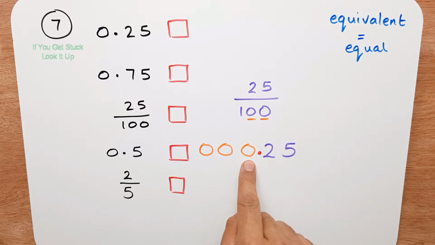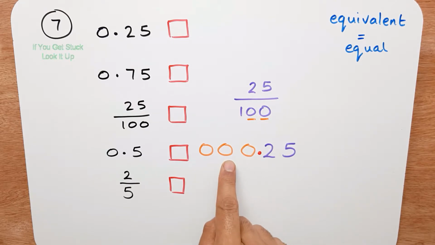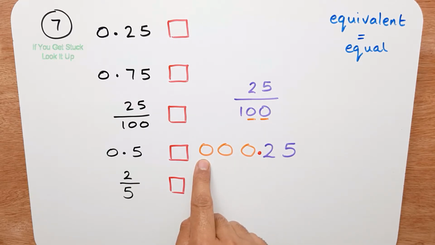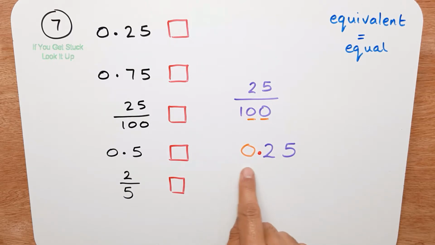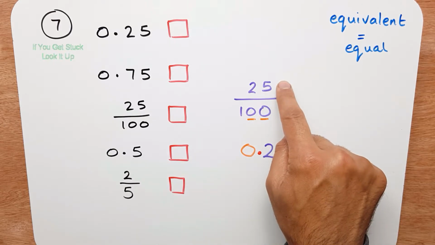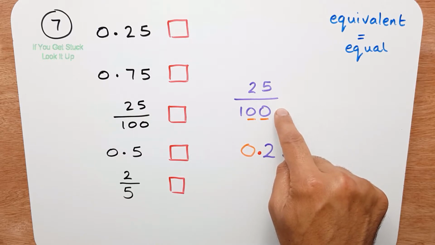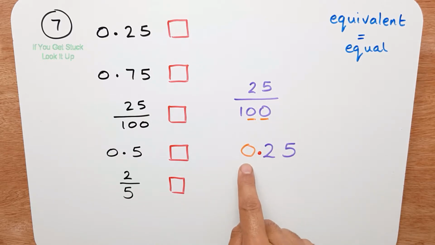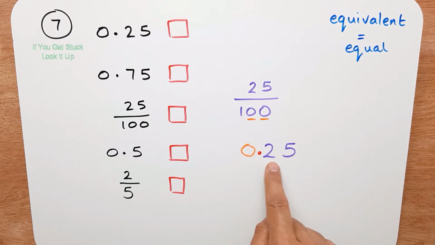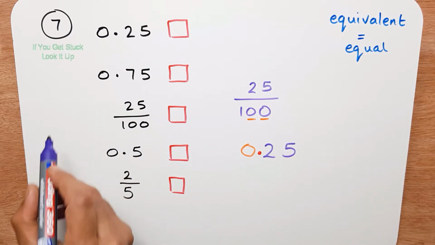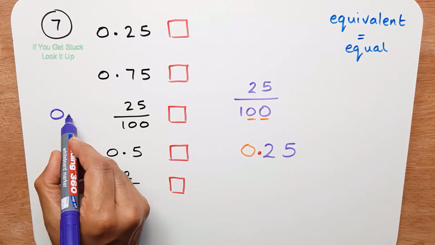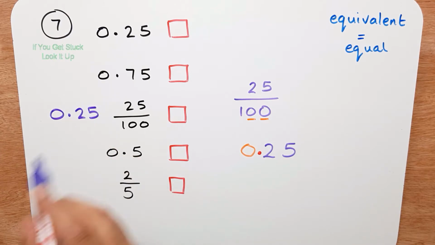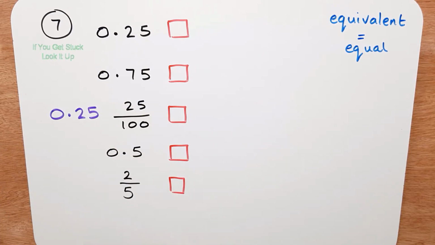We can leave this 0 to make the number easier to read. And all these we can remove. So this is our number now. So 25/100ths is the same as 0.25. So I can write that here now. 0.25.